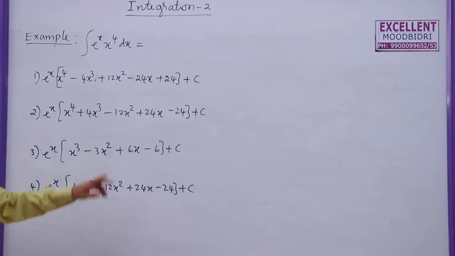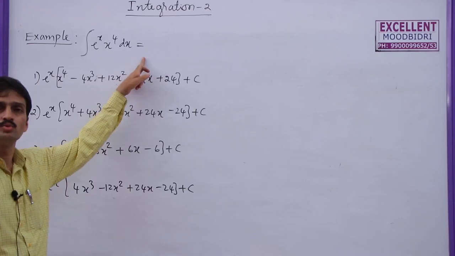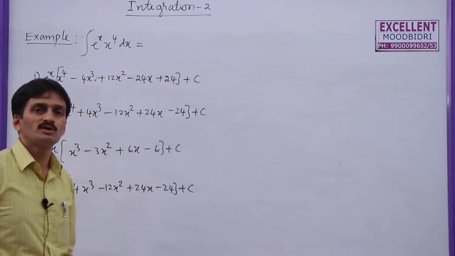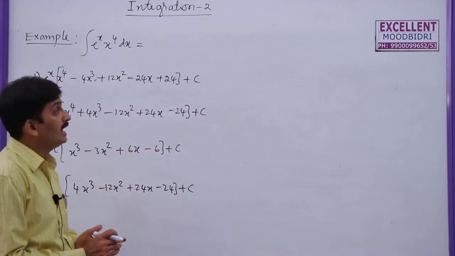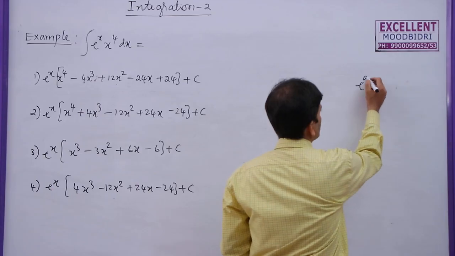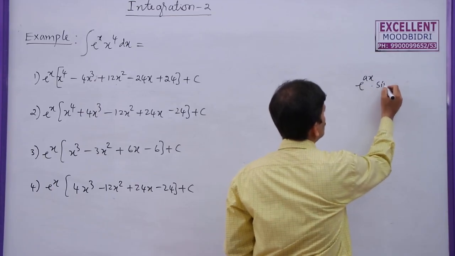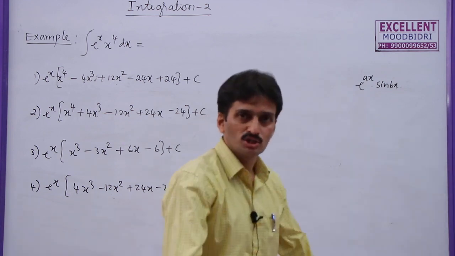Next example, integration of e power x into x power 4 dx equal to. Now this problem should be solved by integration by parts, but I have given one shortcut formula for this kind of product. So use that shortcut formula.